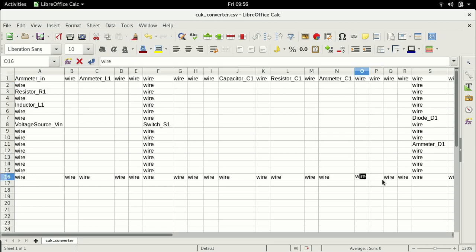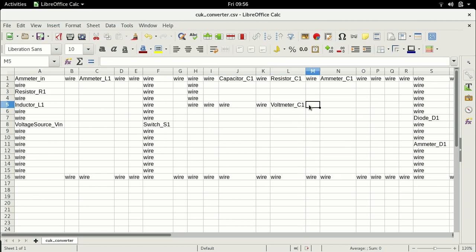And we need to add them here. So we have completed this. All we have to do is add the voltmeter here, and let's call the voltmeter C1 just to make it compatible with this entire branch. So we now have a voltmeter across this. Let's save it again.